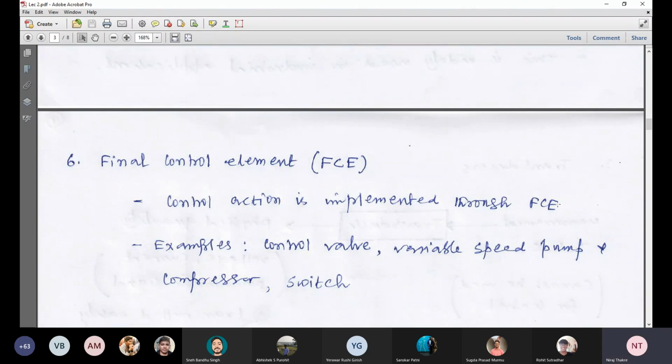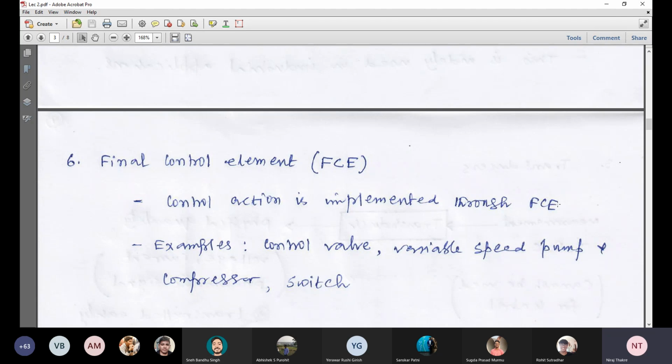But it may be a variable speed pump, variable speed compressor, switch, etc. For a variable speed pump or compressor, they have variable RPM. So we can change their delivery according to the control action. That's why they are called variable speed.